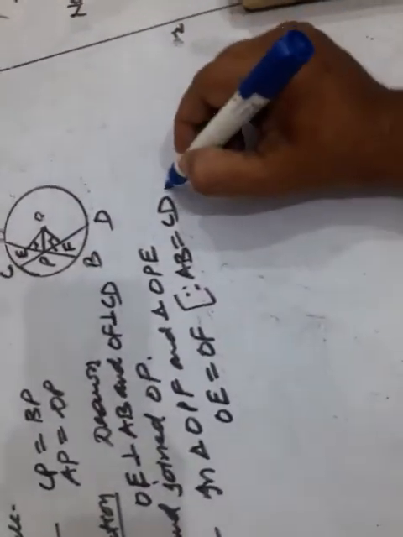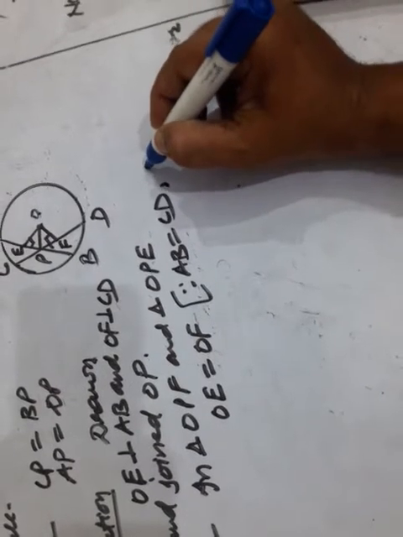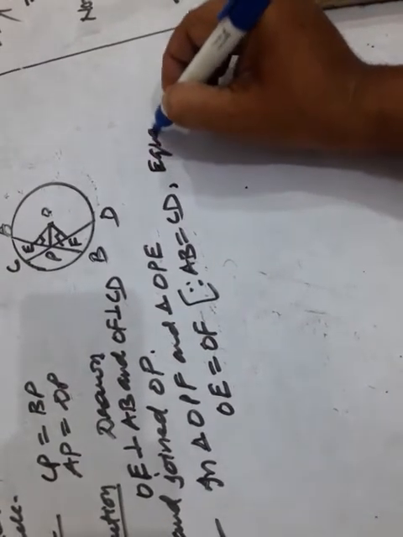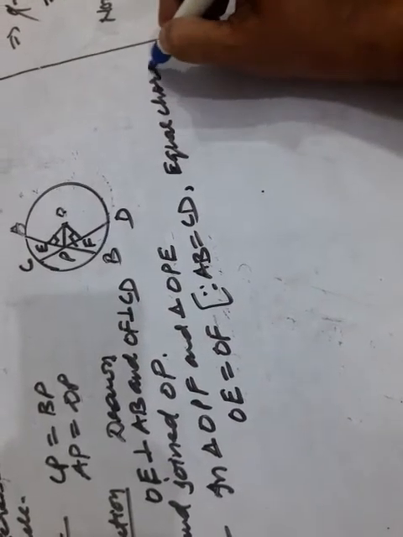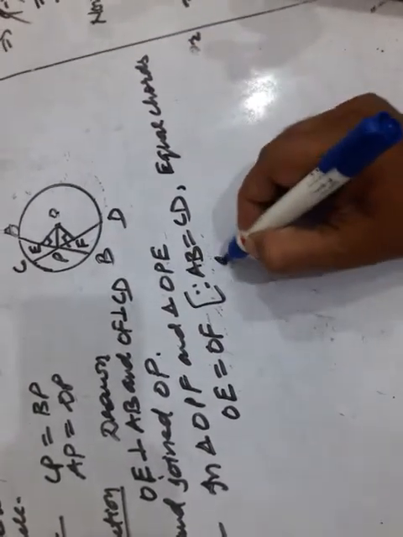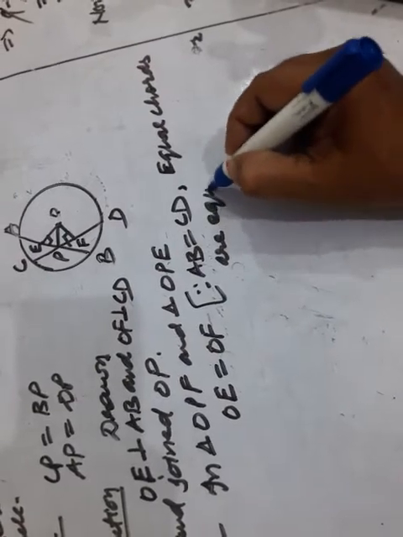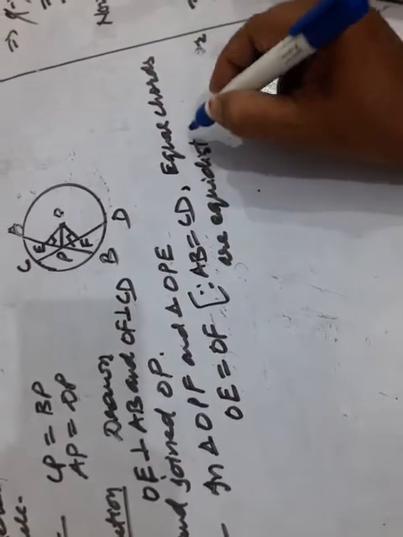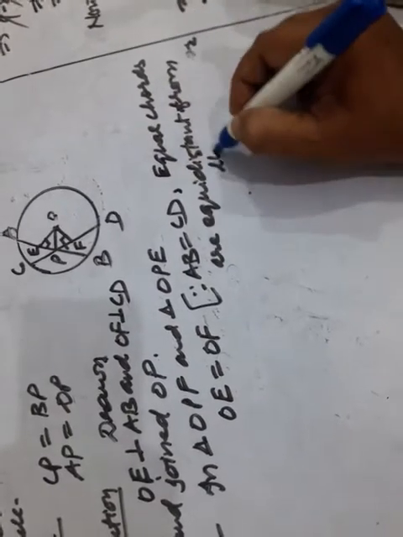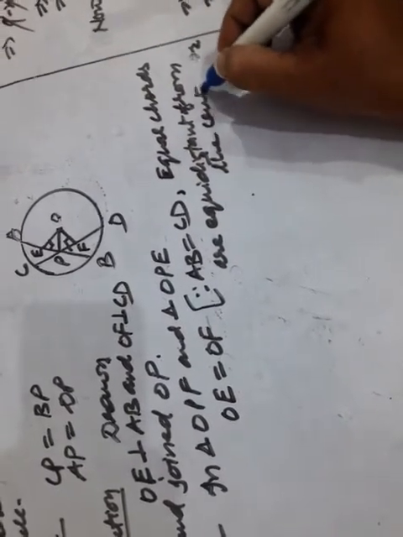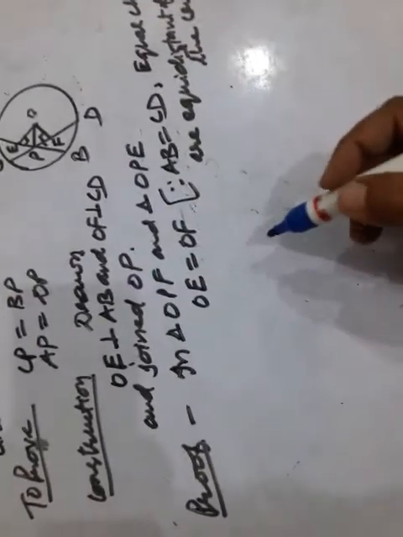Since AB equal to CD, what does it mean? I am writing the statement: equal chords are equidistant from the center. Okay children, so OE equal to OF. Clear? Now what else is there?